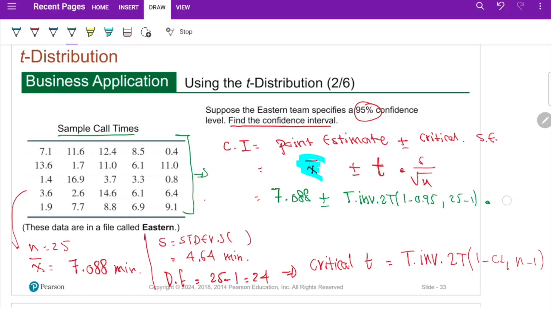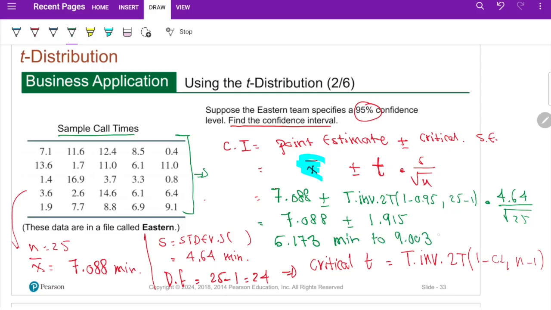4.64 divided by the square root of 25. If you plug all of these in, you get 7.088 plus or minus 1.915. And this is between 5.173 minutes to 9.003 minutes.